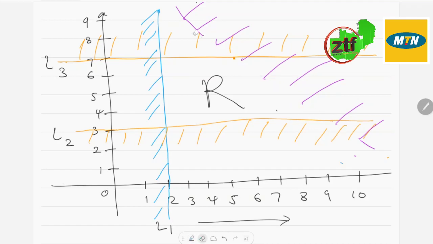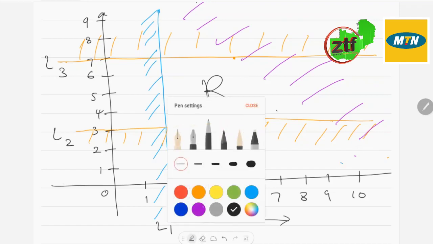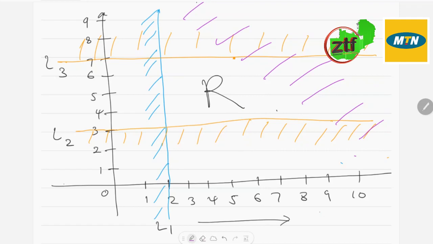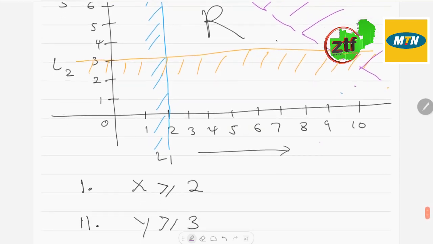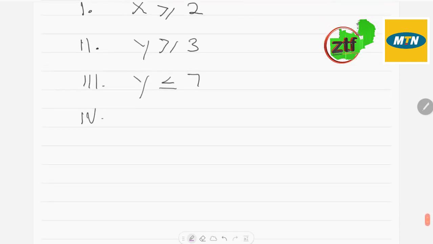Now, according to the question, this line is a dotted line. So I will just make a dotted line which will pass at that particular point. When you look at the question, you see that this line is a dotted line, and by implication it means that the solutions on the line are not included.